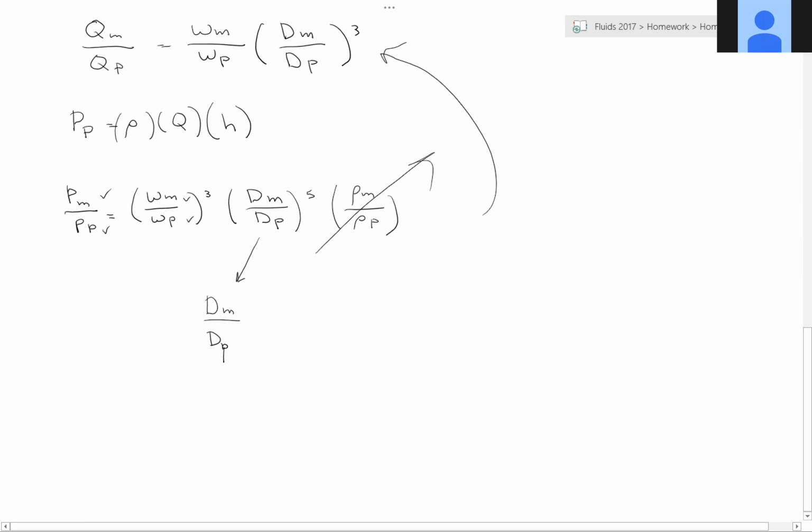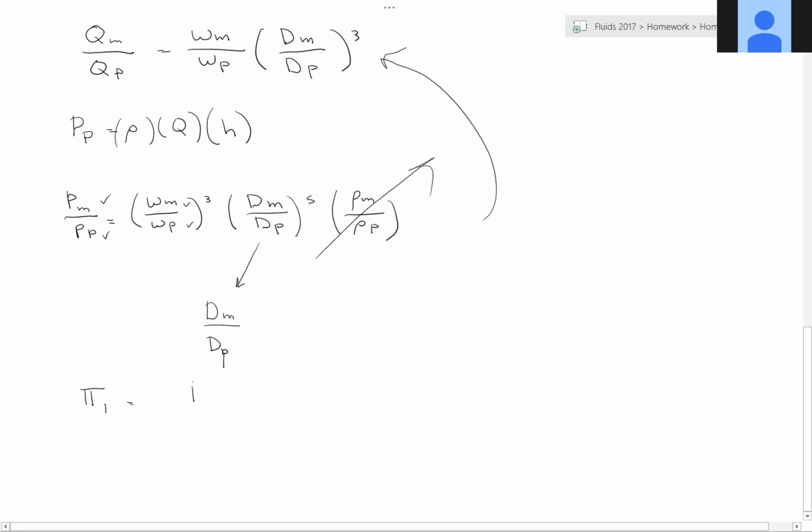So if you take a look, we'll go back to our pi. So our pi, I think this is 1, is equal to our power divided by our rho, omega cubed d to the 5th.